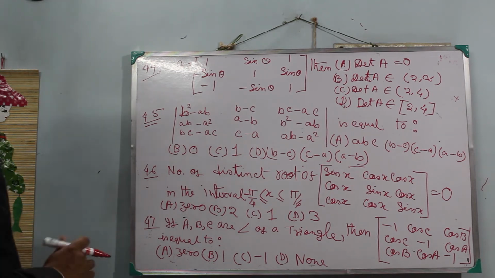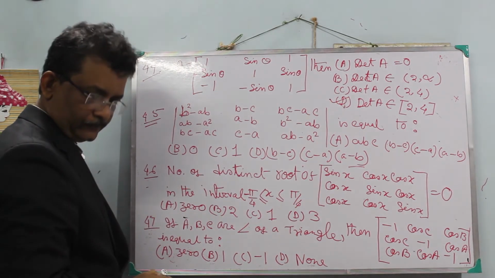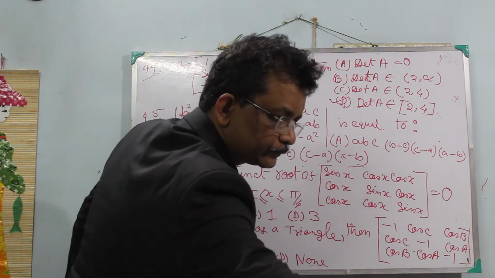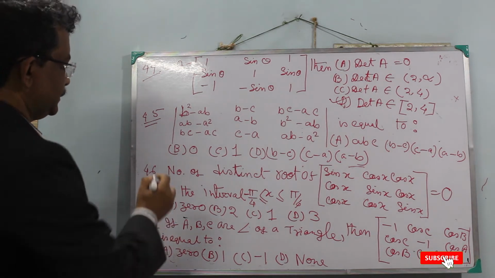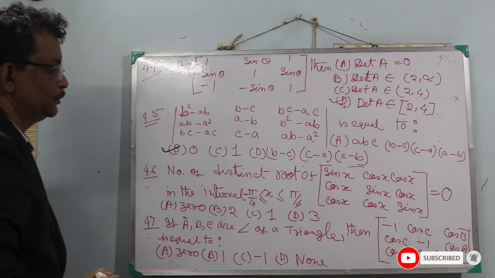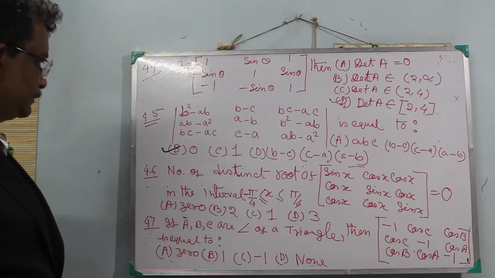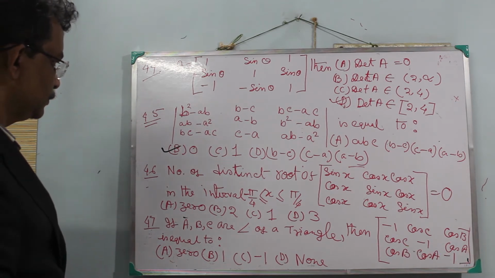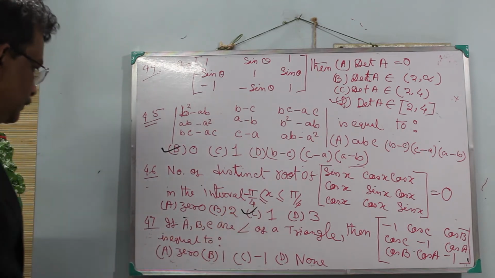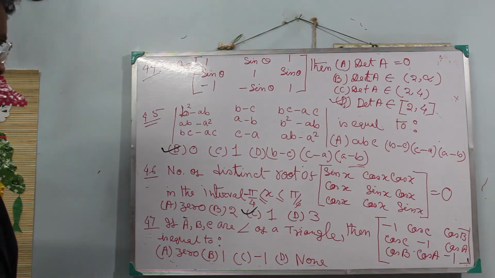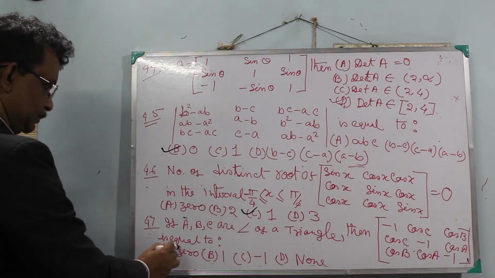Next, the fourth problem, you try pausing the video. So for 44 the correct answer is D, and for 45 the correct answer is B, 0, and for 46 the correct answer is C, 1, and for 47 the correct answer is 0.